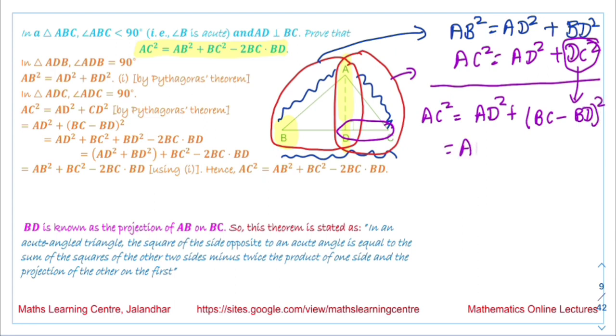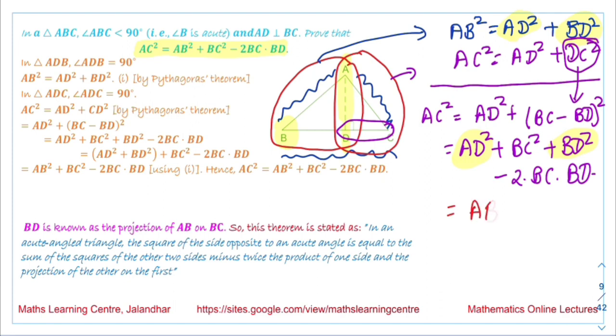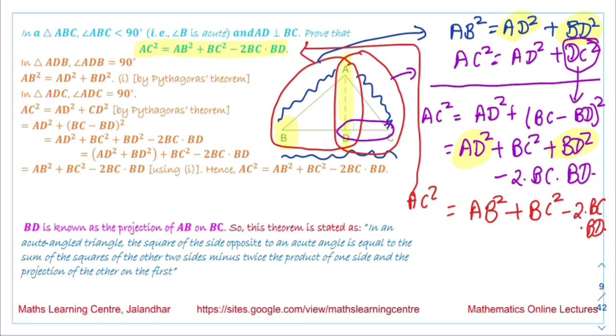So this is equal to AD square plus BC square plus BD square minus 2 times BC into BD. We are looking at this term AD square and this term BD square. The sum of these two values is AB square, so AC square equals AB square plus BC square minus 2 times BC into BD, and this is what we have to prove.